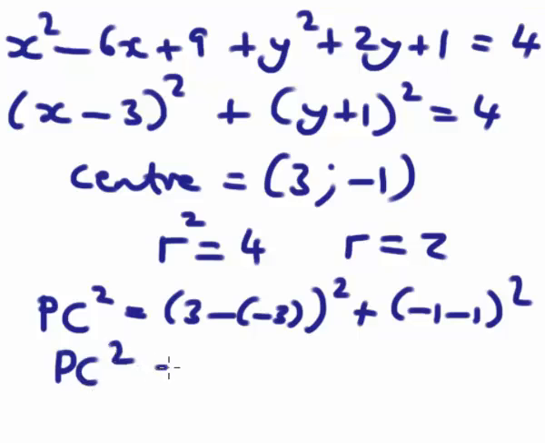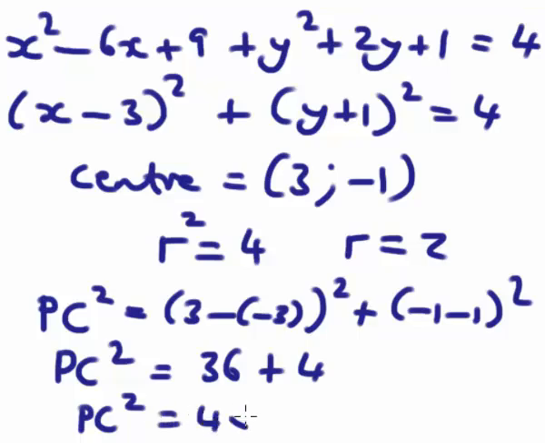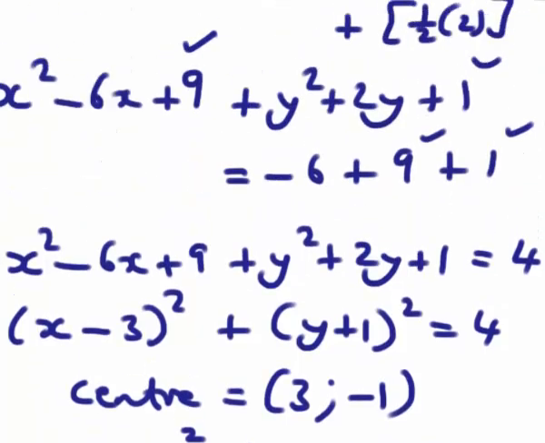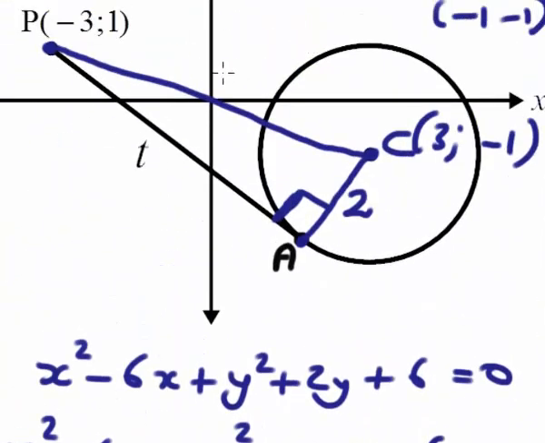So PC squared would be 6 squared is 36 plus the 4, because negative 2 all squared is 4. So then PC squared is 40, and PC would be the square root of 40.